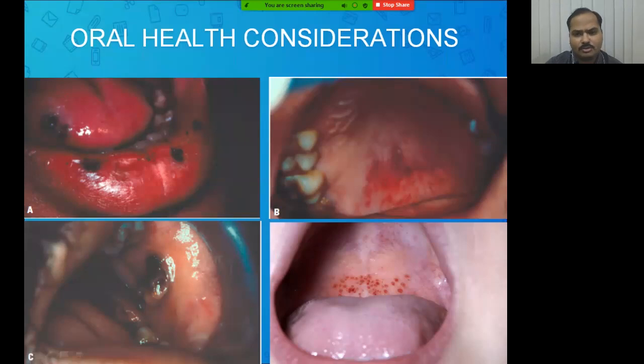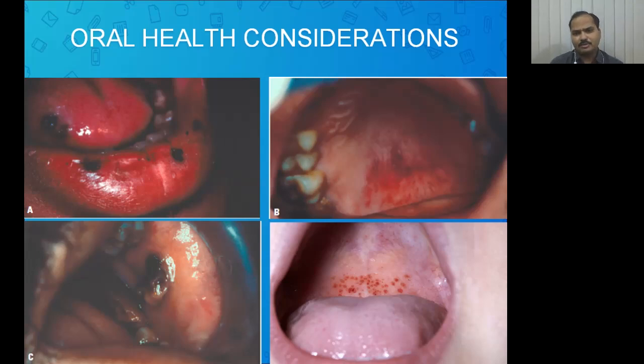Now, when we talk about the oral findings, we will see basically all the parts of the oral mucosa. Whether we start from the lips, we see the tongue, gingiva, the mucosa of the palate, the buccal mucosa, or even the posterior part of the oral mucosa near the faucial pillars.